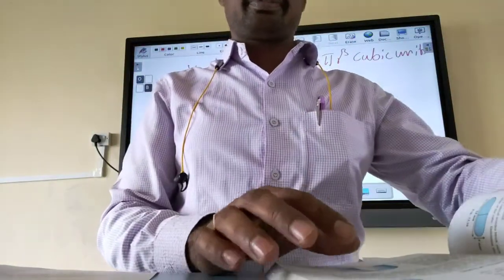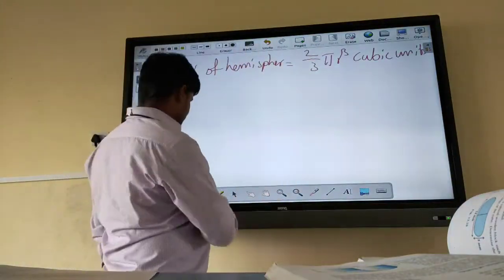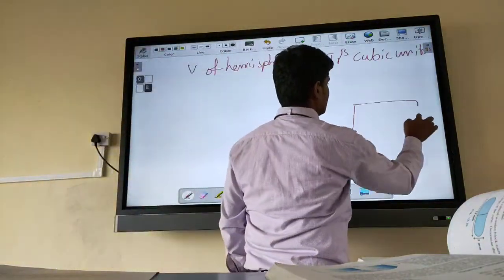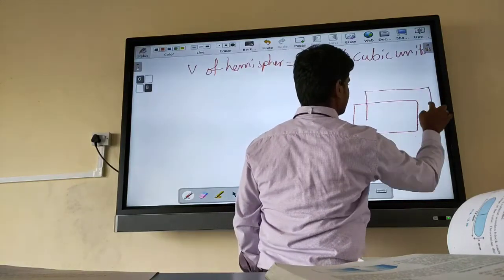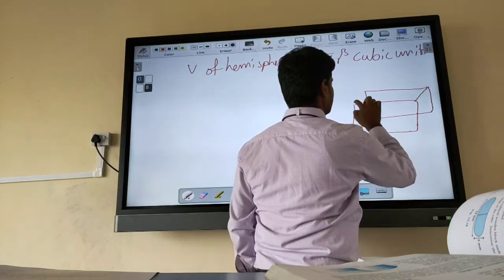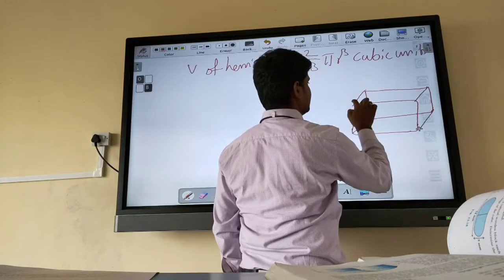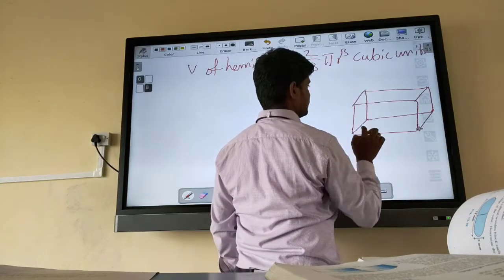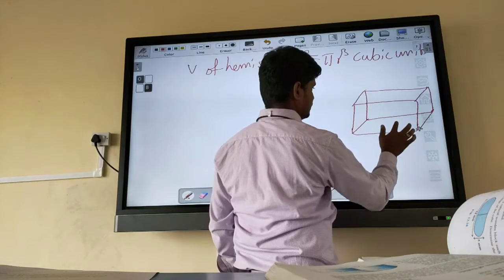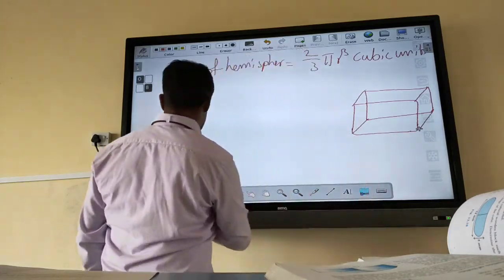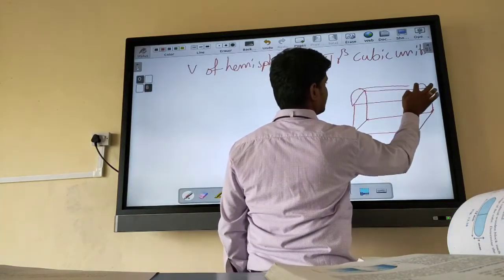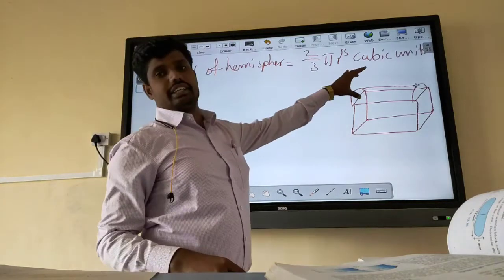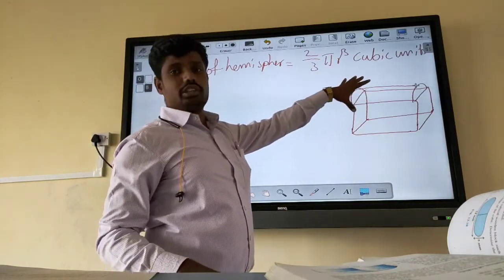Now observe all of you. The figure is in the shape of a cuboid and half of a cylinder to form a new figure.